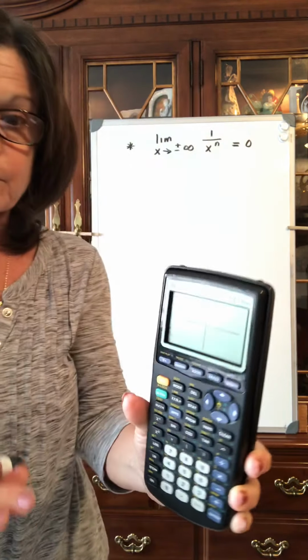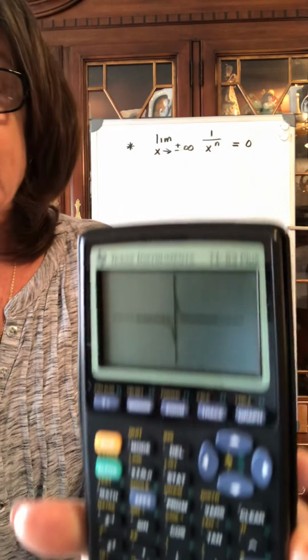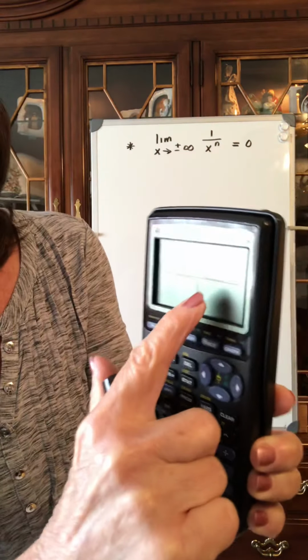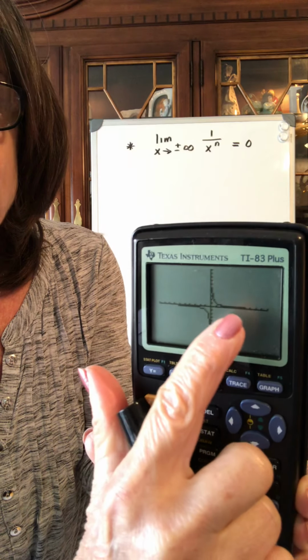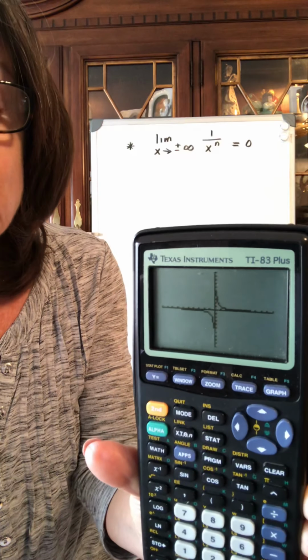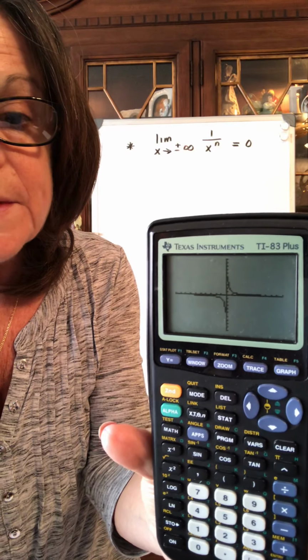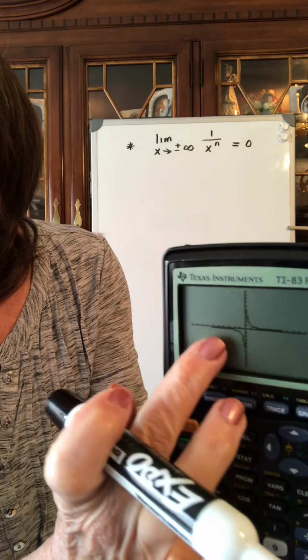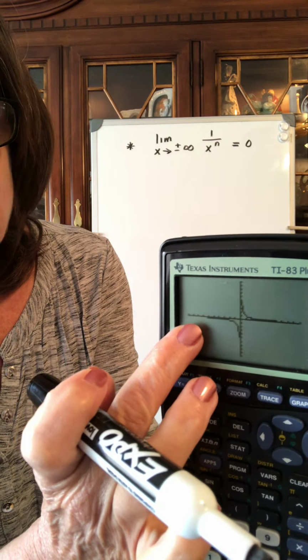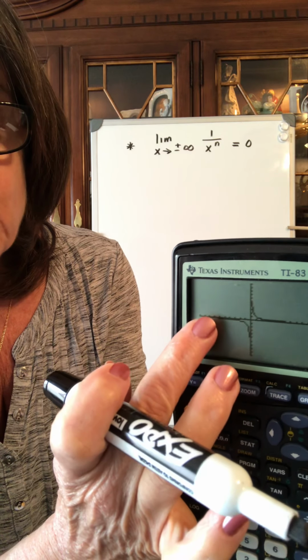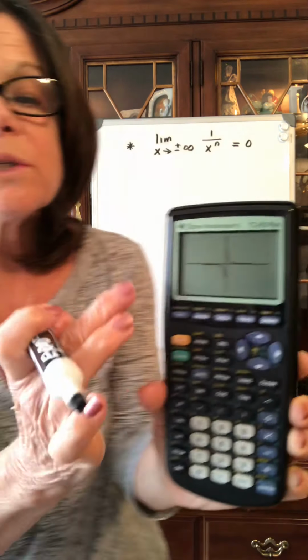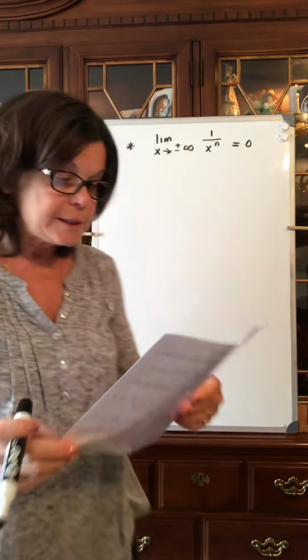Looking at this graph, as x is approaching positive infinity, your function, your y value, is coming to a y value of 0. As x is approaching negative infinity, your y value is also approaching 0. This is true of 1 over x raised to any power. Okay, let me start going through the examples.